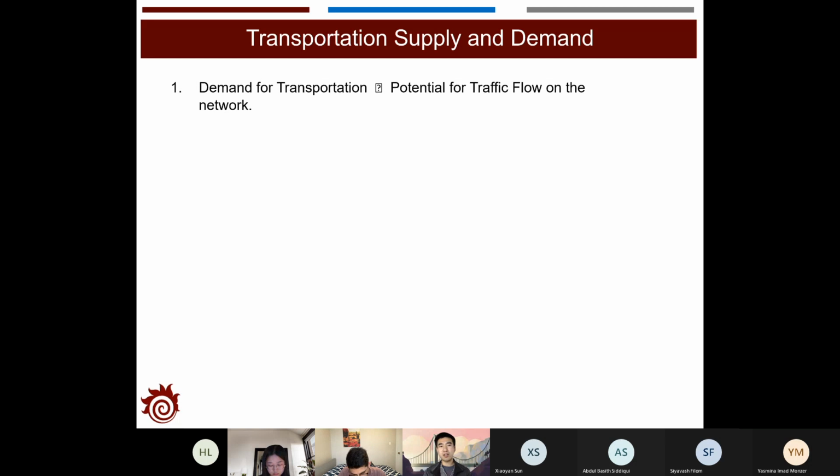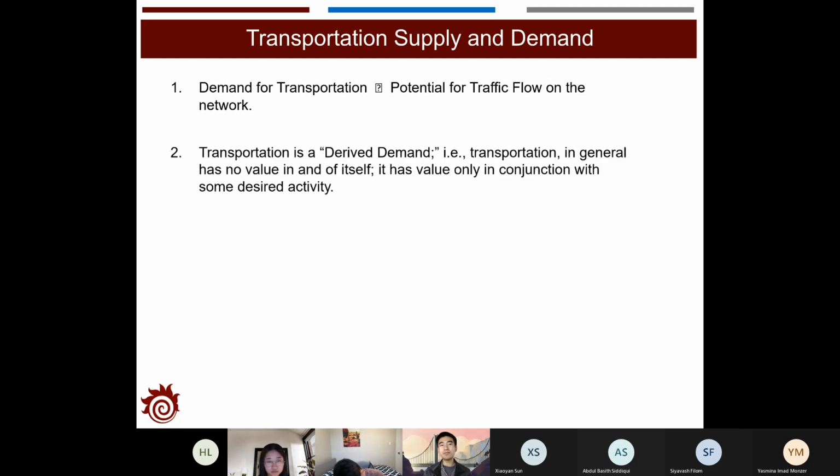So we know that the demand represents the potential trips, or the potential for traffic flow in the network. While transportation is usually defined as a derived demand, which means that the trip itself does not have any value. People take trips because they want to go to their destination and take the activity there.